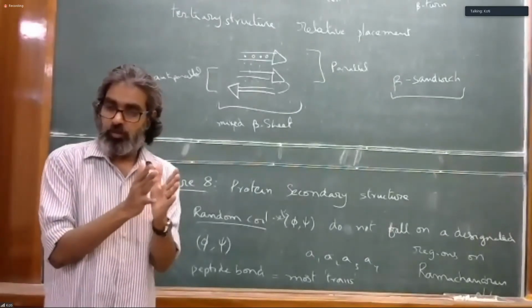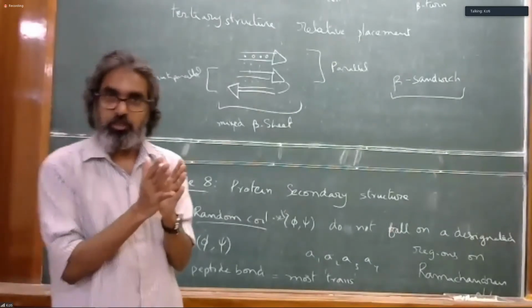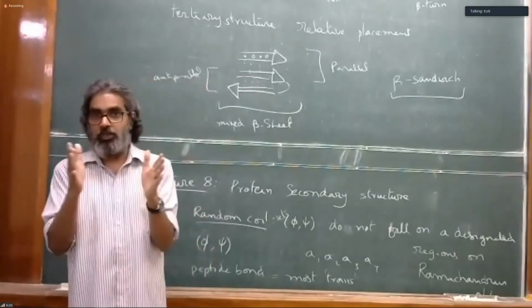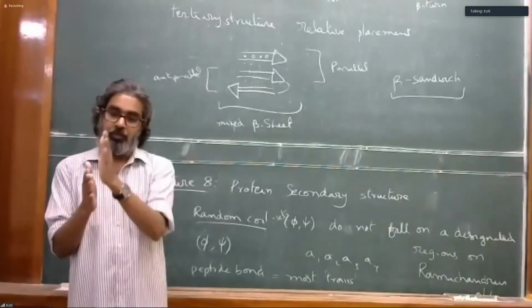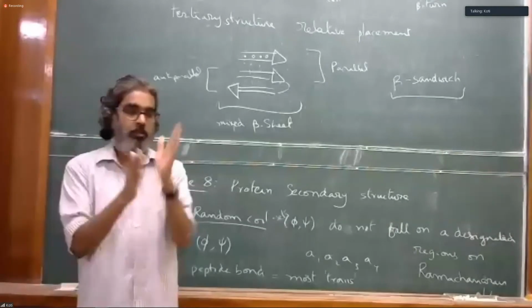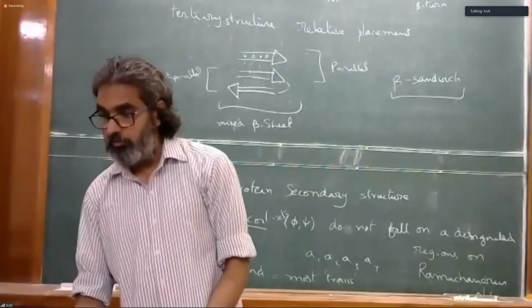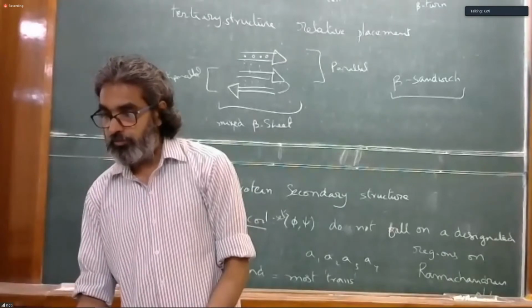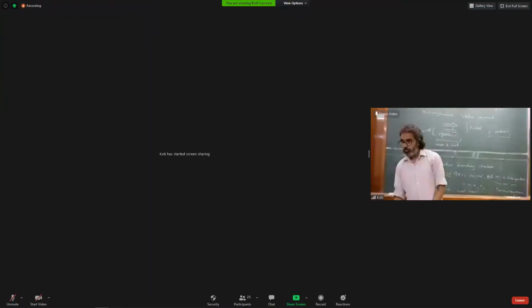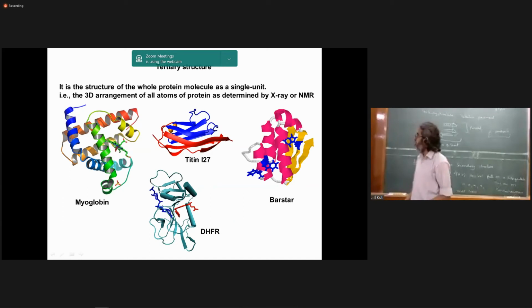Hydrogen bonds are stabilized within the sheet, and the hydrophobic surface on one sheet packs nicely against the hydrophobic surface on the other, which gives rise to, for example, this structure shown in titin. This is a beta sandwich where the amino acids packed between the sheets are hydrophobic.